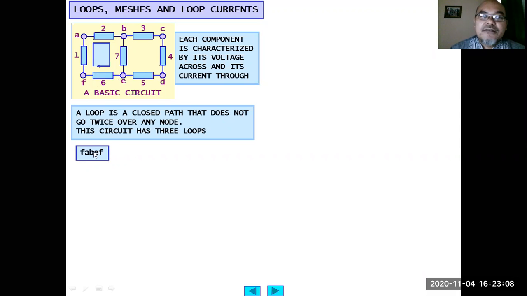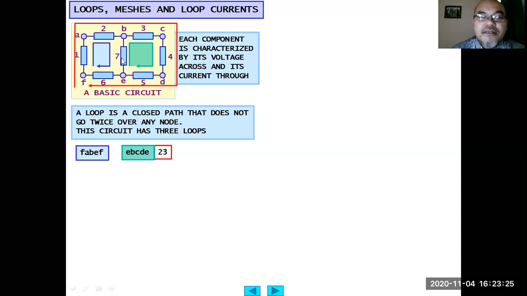F is only one time, but since it is the beginning and also the end, we write it twice here. Second loop: E, B, C, D, E. Any node is only passed one time.